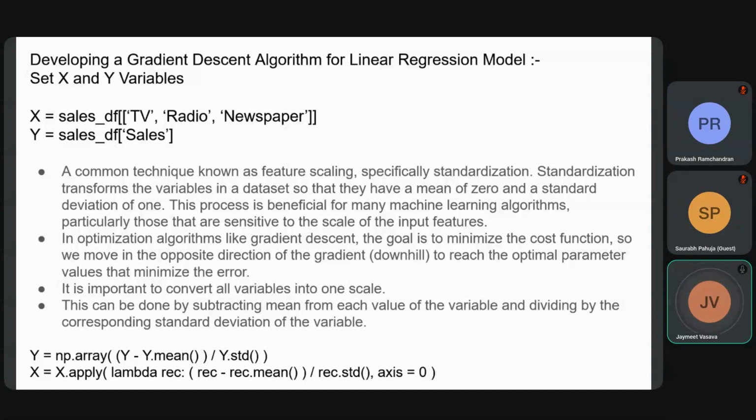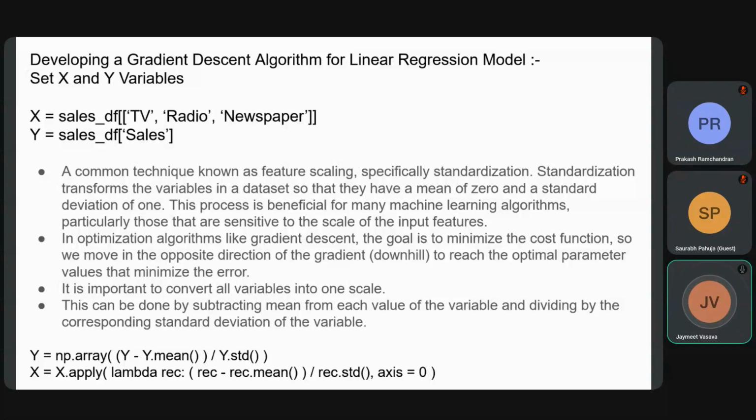A common technique known as feature scaling, specifically standardization, will be used to transform the variables in a data set so that they have a mean of 0 and a standard deviation of 1. This process is beneficial for machine learning algorithms, particularly those that are sensitive to the scale of the input features. In optimization algorithms like gradient descent, the goal is to minimize the error or the cost function.